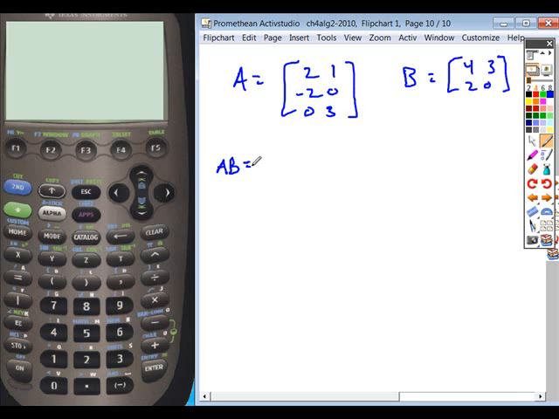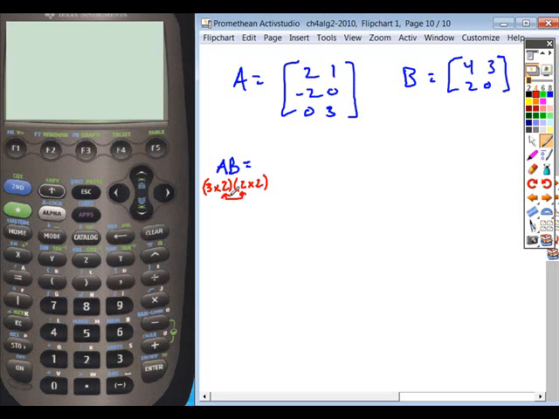Can we take A times B? A is what dimensions? It's the number of rows, which is 3, by the number of columns, which is 2. And B is again the number of rows by the number of columns. So can you multiply these?